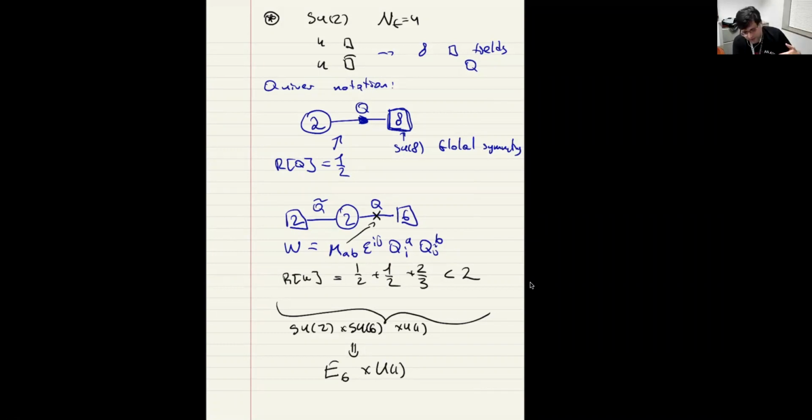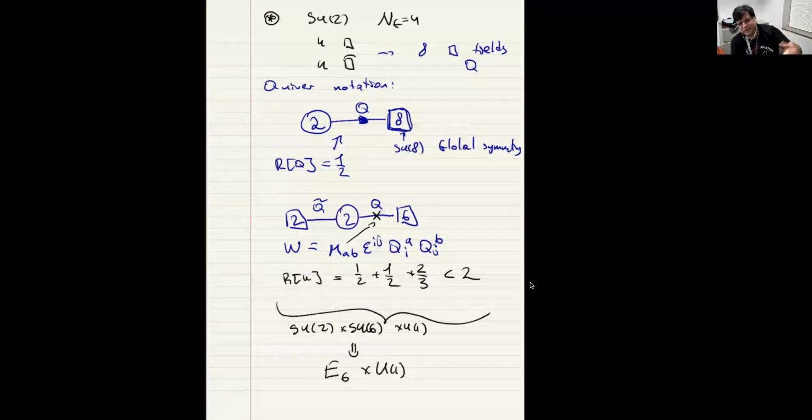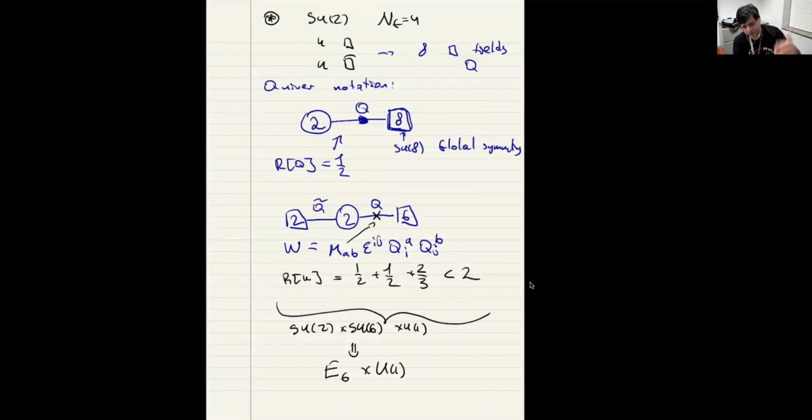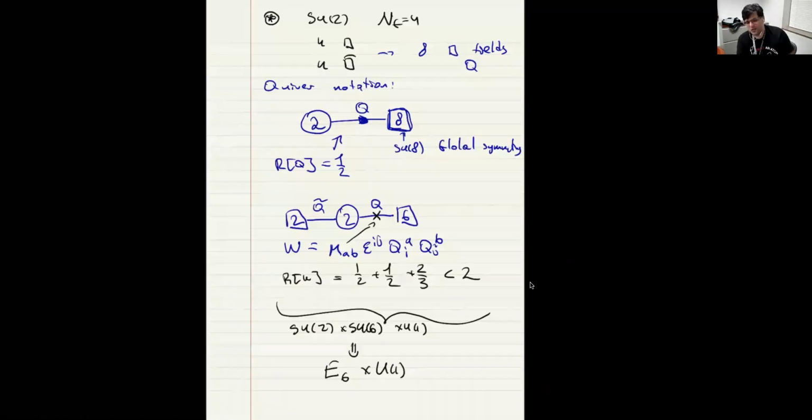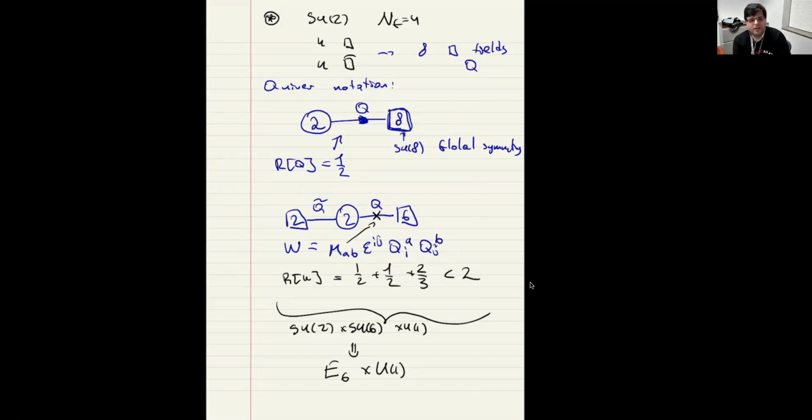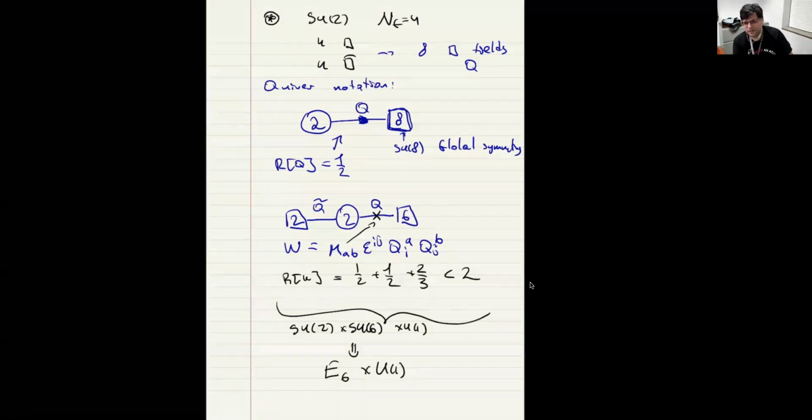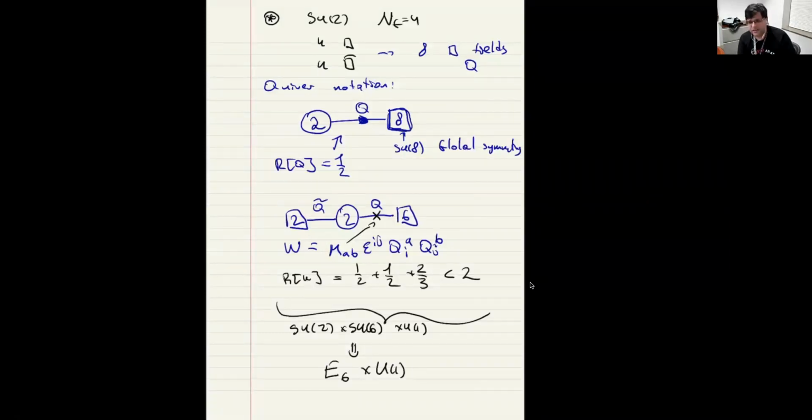Yes, when N_F is too small, the dynamics is very different. So there is this simple dynamics that we have discussed, dualities and so on, when N_F is bigger than N. When N_F is equal or smaller than N, the dynamics is very different. There are certain non-perturbative effects that can come into the game, and there are no such dualities.